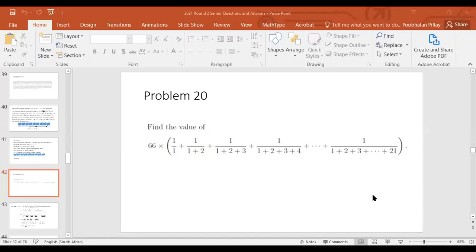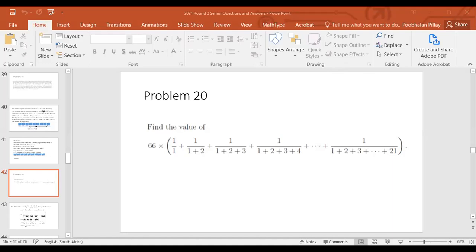So we now look at problem number 20. It's a sum of a number of terms, a finite number of terms, as you can see.